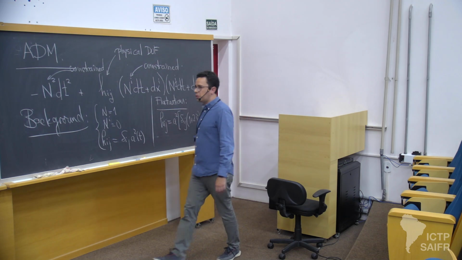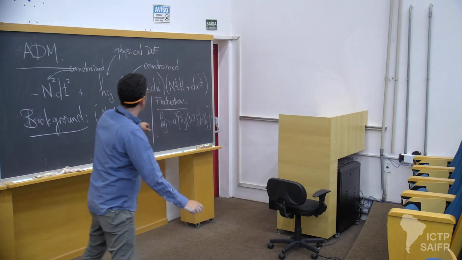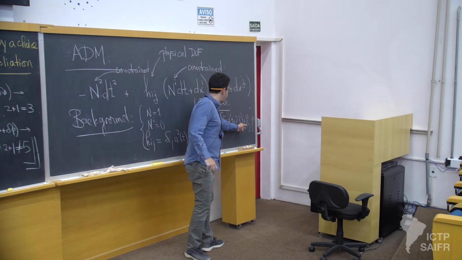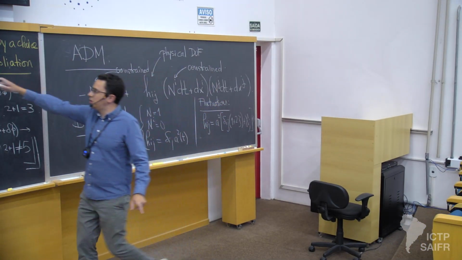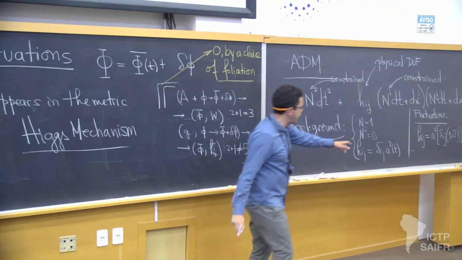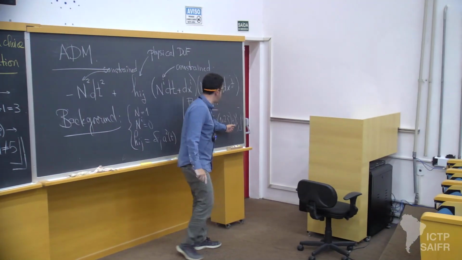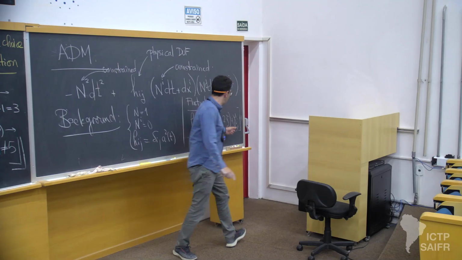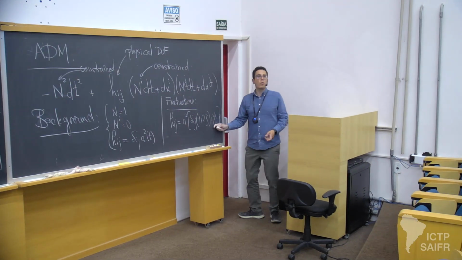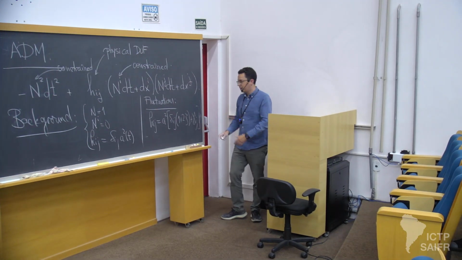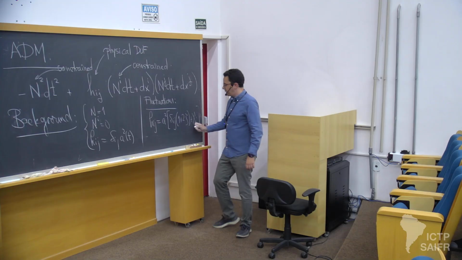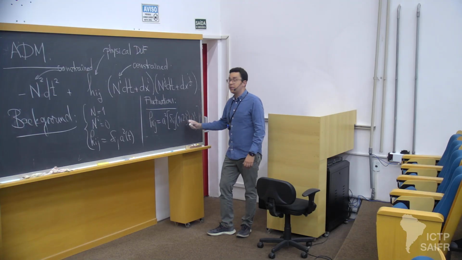So the 3 degrees of freedom of the theory are here. The scalar that we set to 0 by a choice of foliation gets eaten and appears here through the constraint. And this is the standard gravitational wave, the transverse traceless thing that we know and love, okay? So these are where all the 3 degrees of freedom end up.